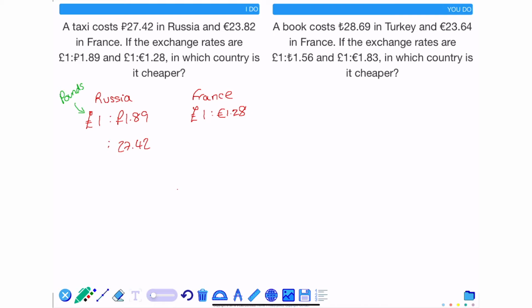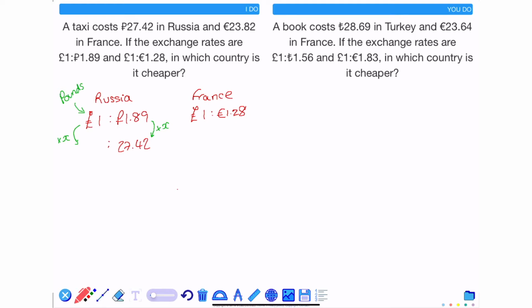In order to be able to do this, I need to look at the multiplier between 1.89 and 27.42. If I can work out what the multiplier is, whatever I do to one side, I can do to the other, and it will then convert £1 into the number of pounds that would be equivalent to 27.42.